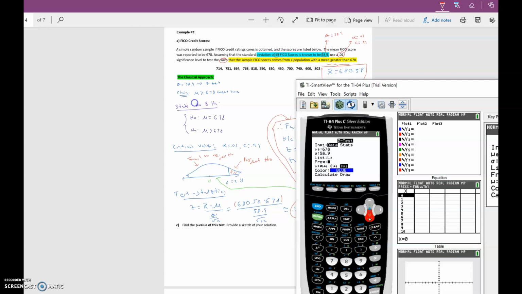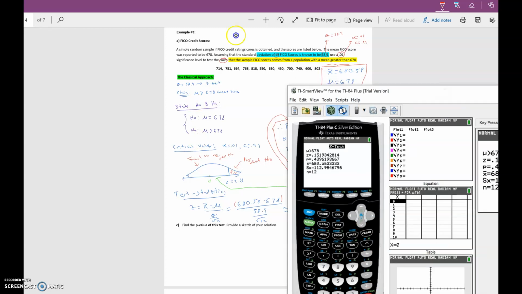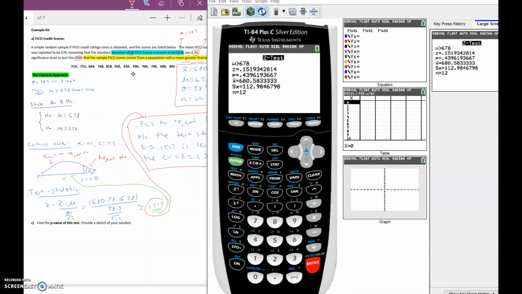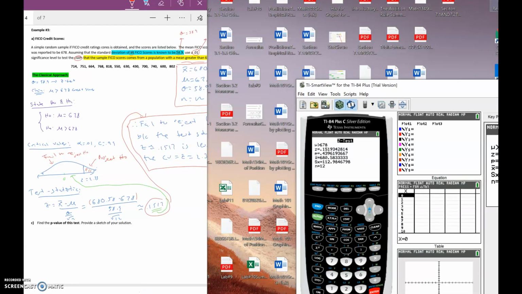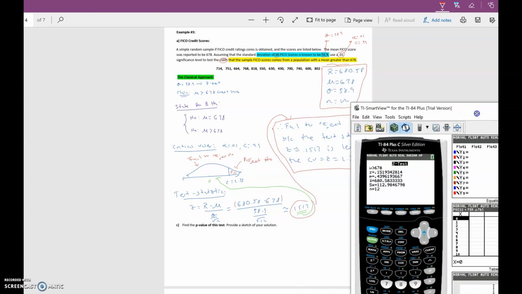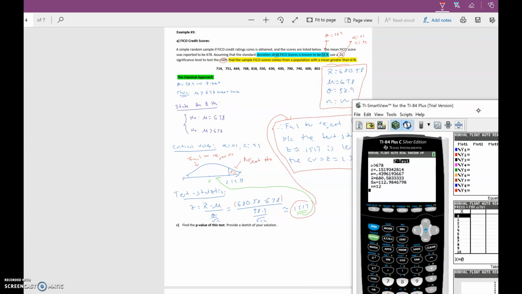I have everything under L2, and to activate the p-value, this is a greater since the claim is on greater. So please run it, and what we should see here is the following output, with the test statistic already calculated.